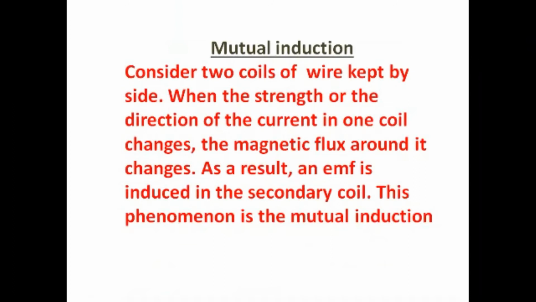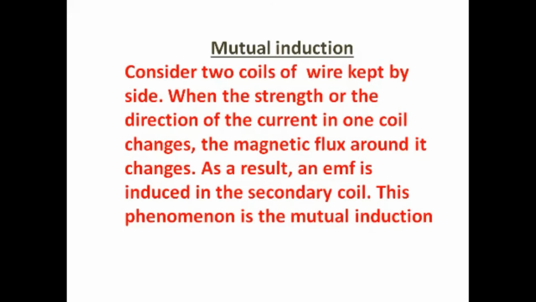So here we have two coils connected on a soft iron core, and the strength or the direction of the current in one coil changes. That is, we give electricity to the primary coil, and the magnetic flux around it changes.